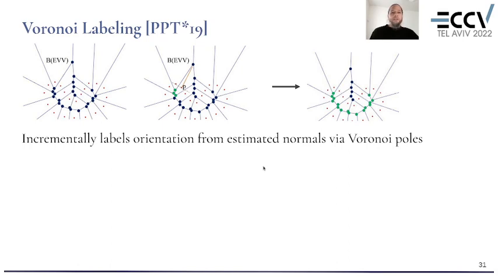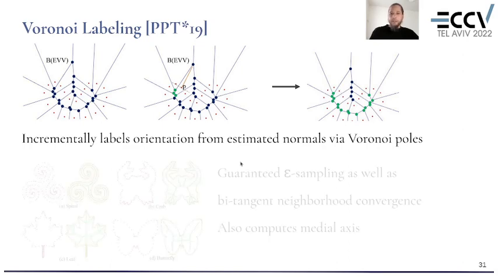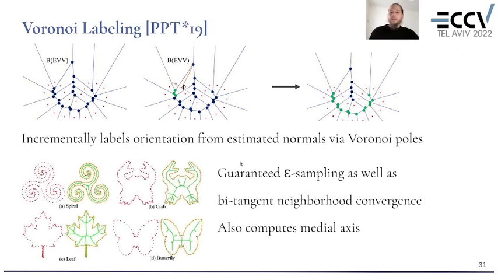So it starts with one very far vertex, classifies this as outside, and then depending on if it's on one or the other side of the half space of the point, it classifies the Voronoi vertices as inside or outside, and you can see in the end the green Voronoi vertices were classified as inside, the blue vertices remain as outside, and then depending on this classification the shape can be reconstructed as well as the medial axis.